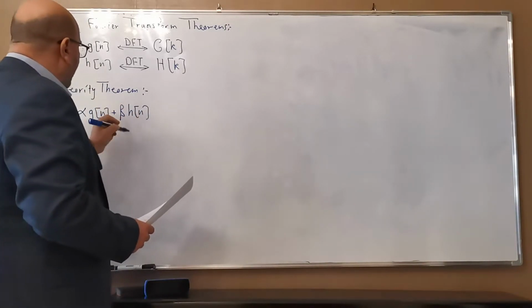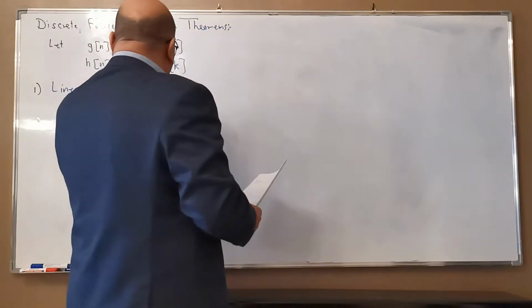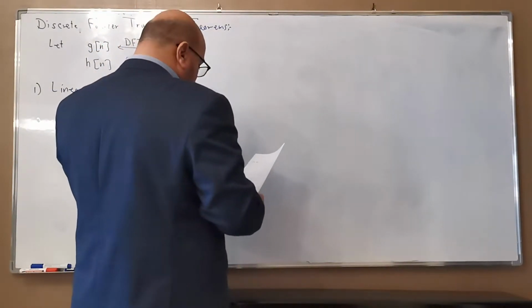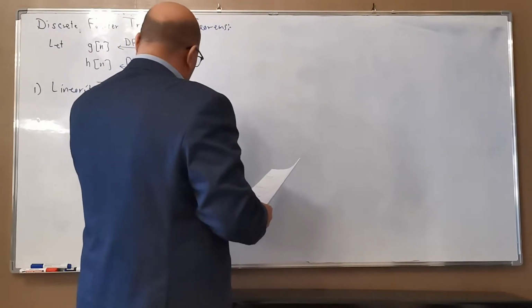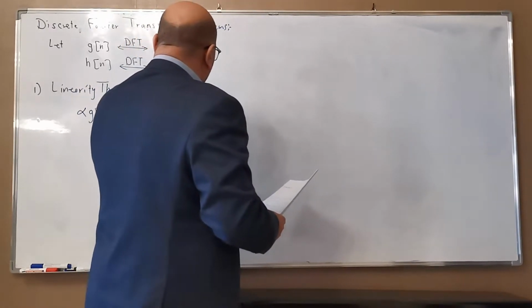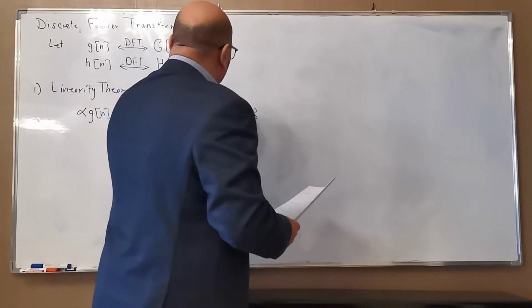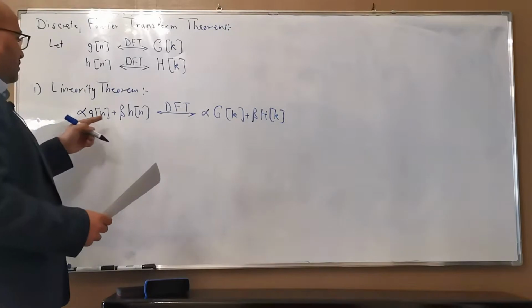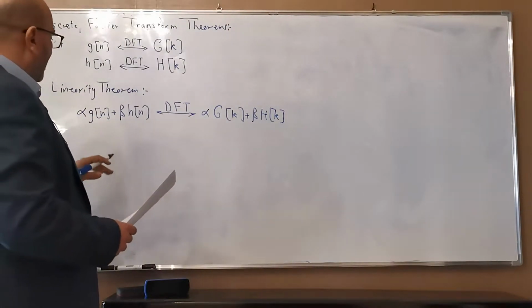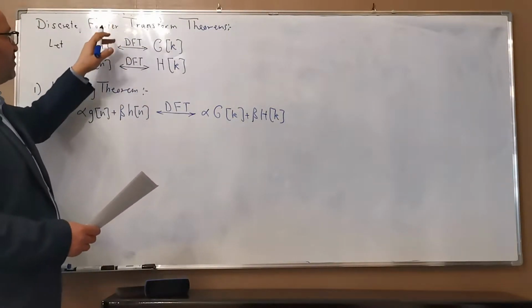So you have a linear combination of both. You will have exactly the same linear combination in their frequency transform: alpha G of k plus beta H of k. Okay? So this is linearity and it applies because of the definition of the Fourier transform.